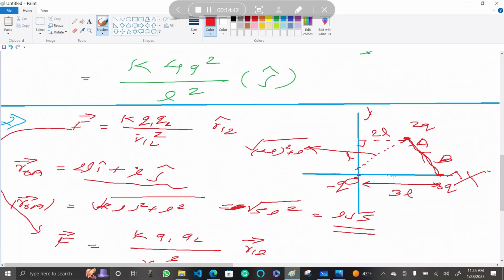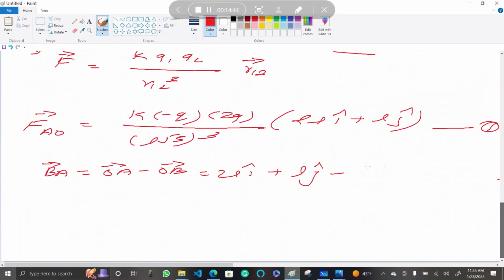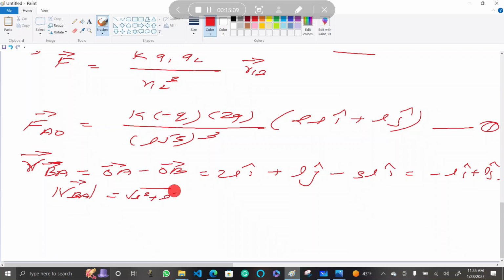Its y component is 0, so the x component is 3L minus 3Li, which gives me minus Li plus Lj. So the r vector is equal to, its magnitude is root under L squared plus L squared, equal to L root under 2.